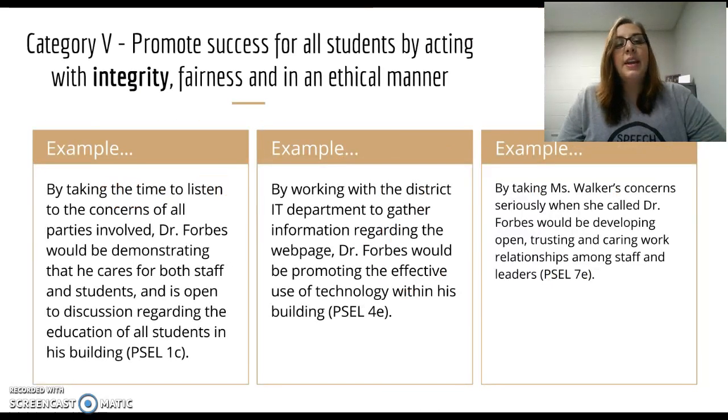So on category 5, promoting the success for all students by acting with integrity, fairness, and in an ethical manner. As far as acting with integrity, I think that by taking the time to listen to the concerns of all the parties involved, Dr. Forbes would really be demonstrating that he cares for both staff and students, and that he has an openness to discussion regarding the education of students within his building. I also think he's showing integrity by working with the district IT department to gather information.